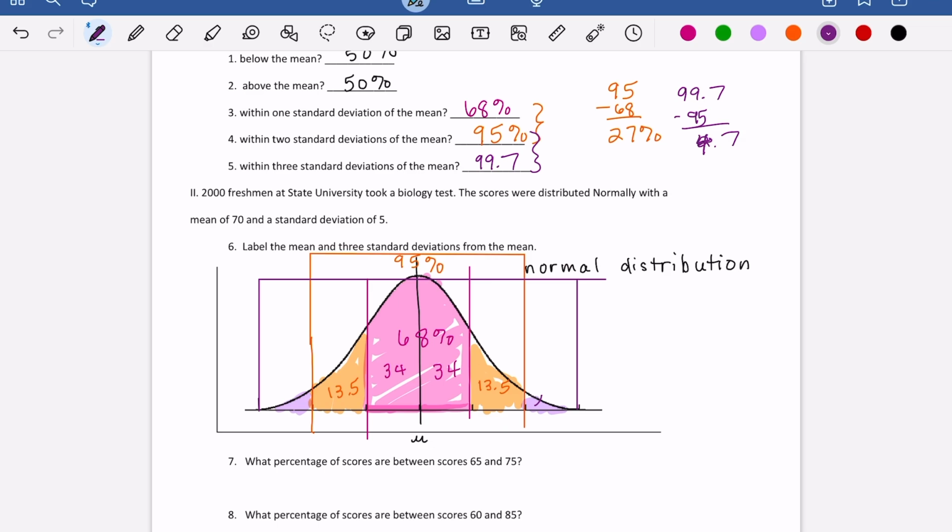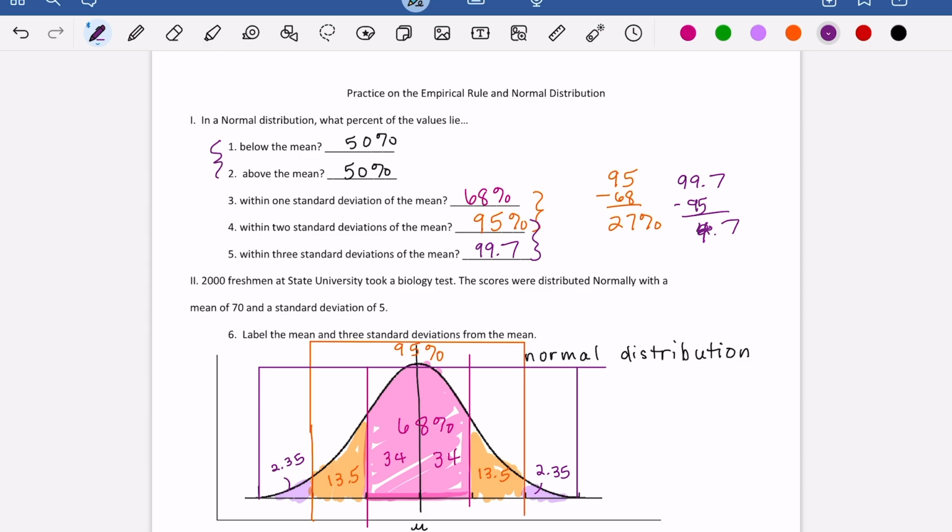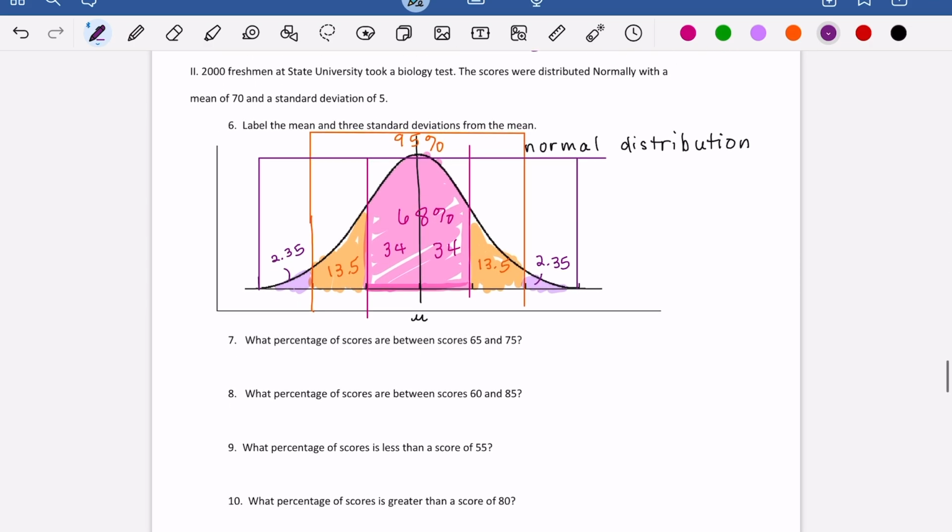So this is 2.35 and this is 2.35, because remember, this is symmetric. You have half of it on one side of the mean, half is on the other.